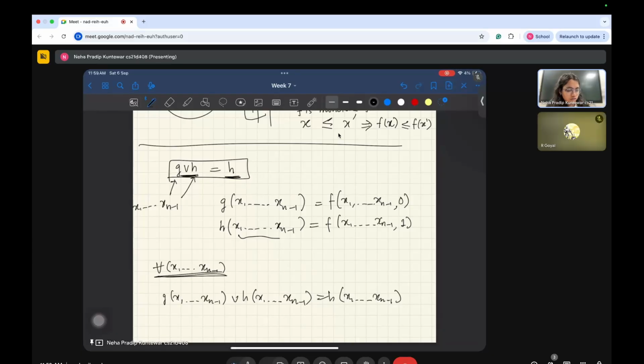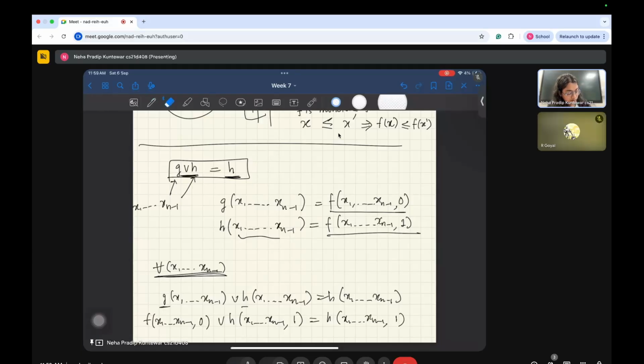Now we will just substitute the g's and h's with the respective values in terms of f. So this is nothing but f of x1 to xn minus 1 with nth bit 0 and h of x1 to xn minus 1 with nth bit 1 is the same as h of x1 to xn minus 1, and sorry, f of.